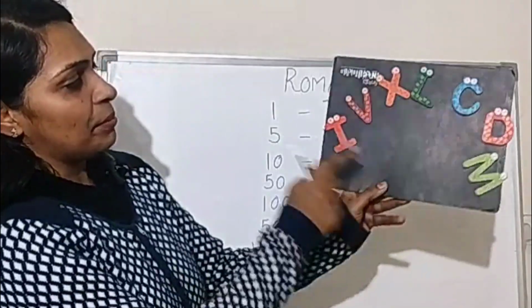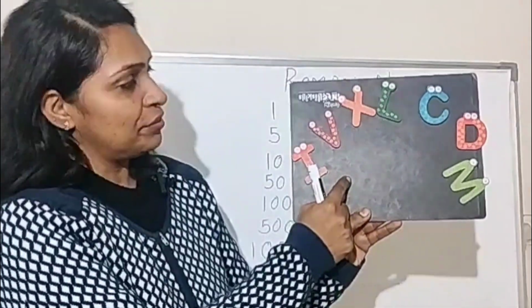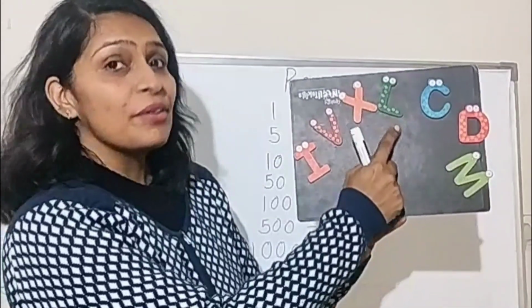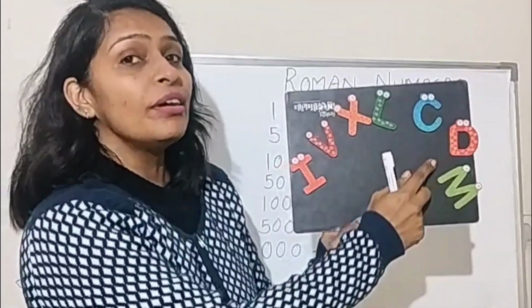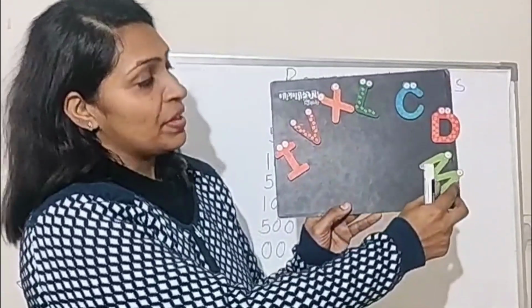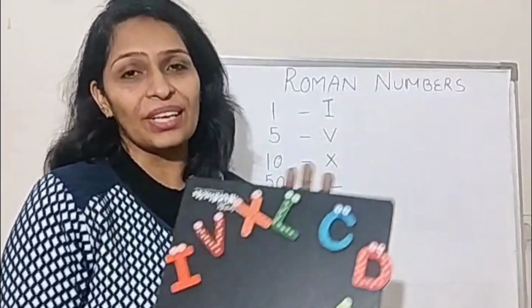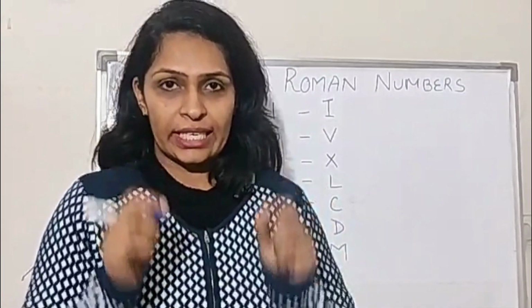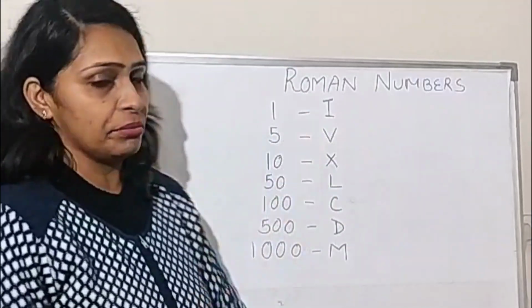So you can easily remember I for 1, V for 5, X for 10, L for 50, C for 100, D for 500, and M for 1000. In fact, you can create your own sentences to remember them. You can pause and rewind this if you want to remember all of these.